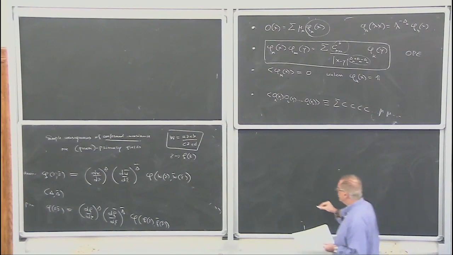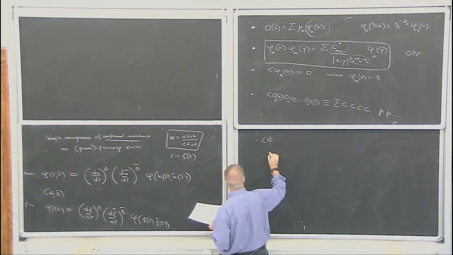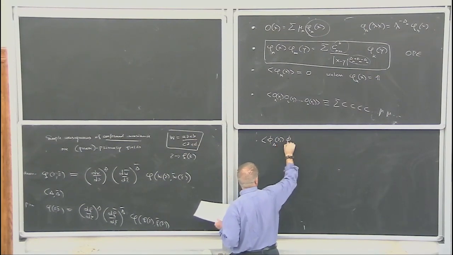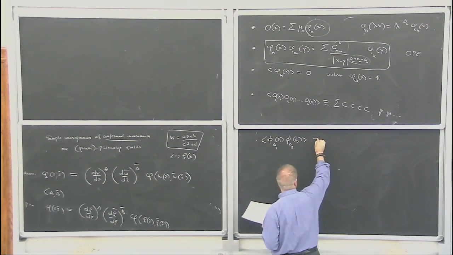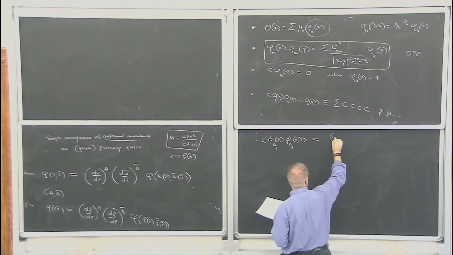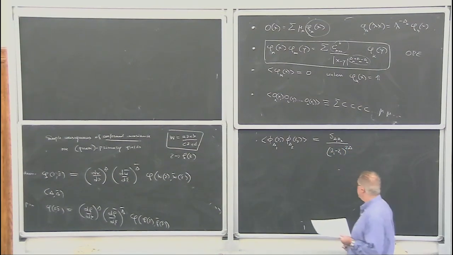So I want to show that the two-point function of quasi-primary operators of dimension delta, now focusing just on the z bar part, as a result of the conformal invariance is going to have this unique form.